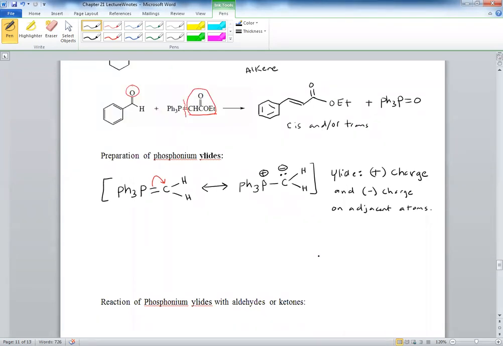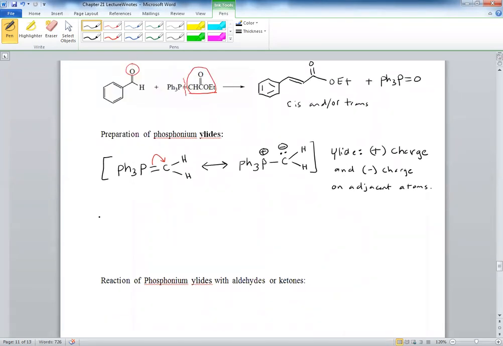How do you prepare the ylide? You have to use an SN2 reaction. So we have Ph3P. So this is a nucleophile. And we react this with something such as methyl bromide. This is kicked out because this is nucleophilic.